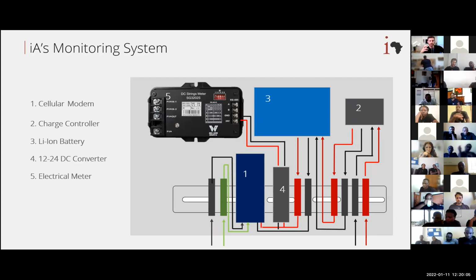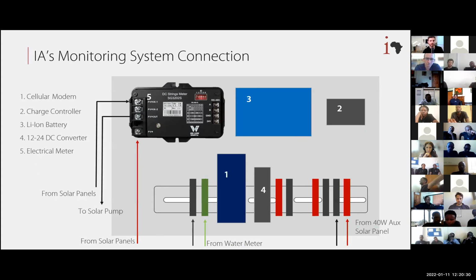This is the way we can get a database of both the electrical aspects and the water aspects and the flow meter. So we use a cellular modem with a SIM card inside that sends it to our website so we can monitor everything. We have a charge controller and a battery just to power the monitoring units at all times. And we have a converter just to use the power efficiently.